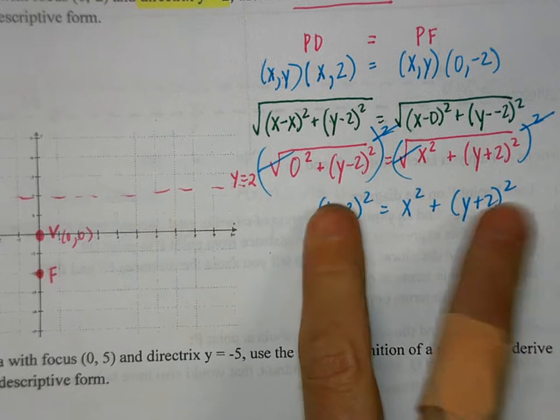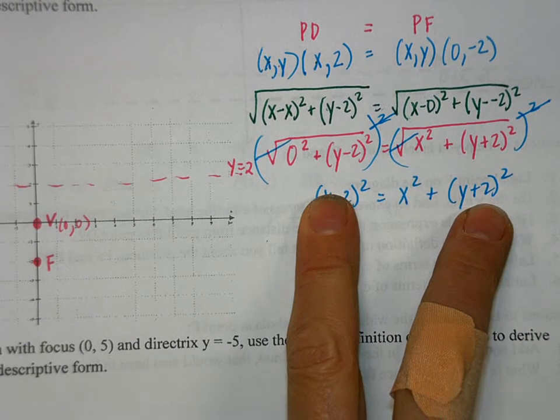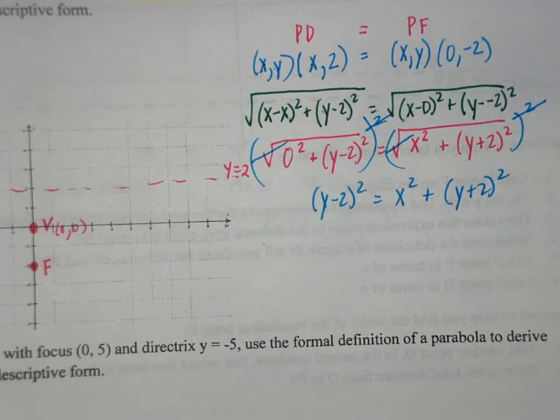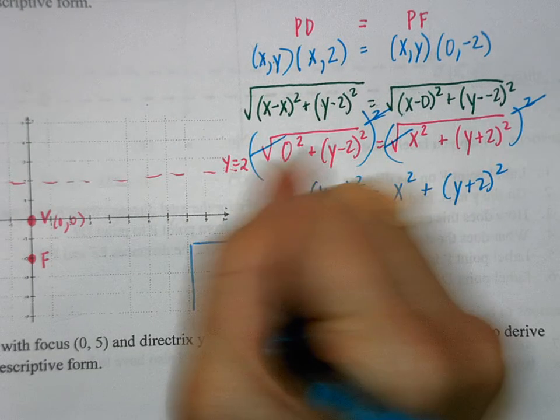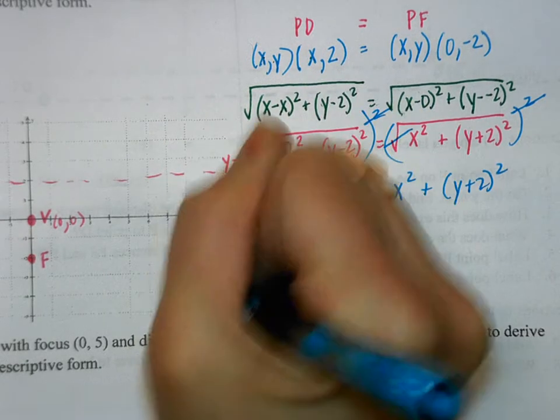Now, do you notice how these are y's and these are y's? We want to combine like terms. So we need to multiply these out. How would I multiply out y minus 2 squared? Punnett square. So we're going to kind of go to the side right here, and I'm going to make my Punnett square. And we have y and negative 2 and y and negative 2.